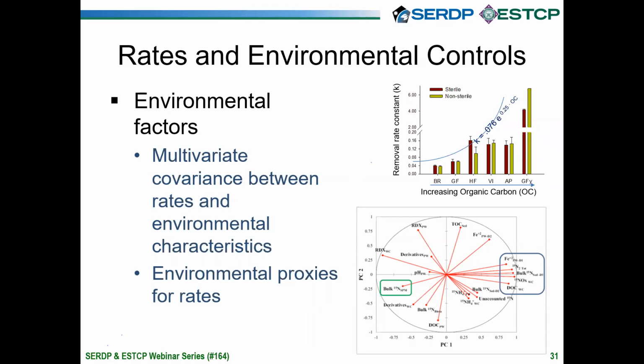The way we start is with a multivariate analysis, done in the lower right-hand corner as a principal components analysis. Effectively what this analysis does is let us look at all of the environmental parameters and figure out which ones are potentially important for explaining the variance that we see in some of these rate constants.